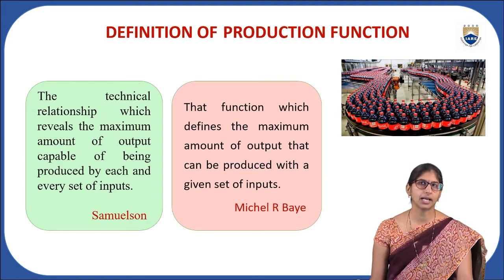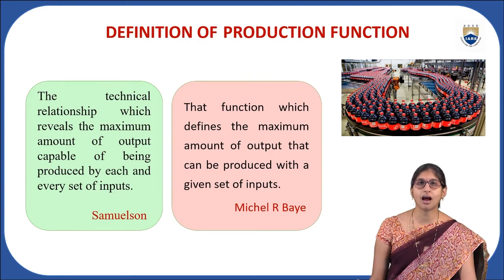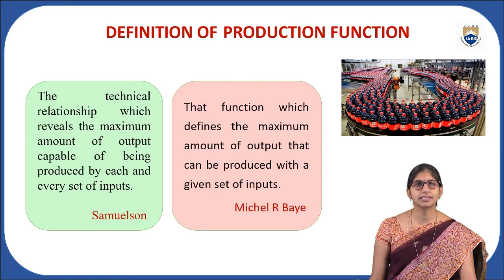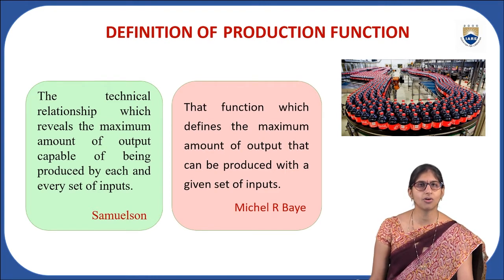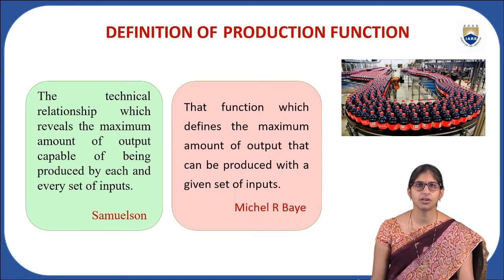So out of these two definitions given by different authors, we can say that production function means when we give some input, what is the output we get, or at a certain fixed amount of output, how much input is required to be given. That is what we learn in the production function.